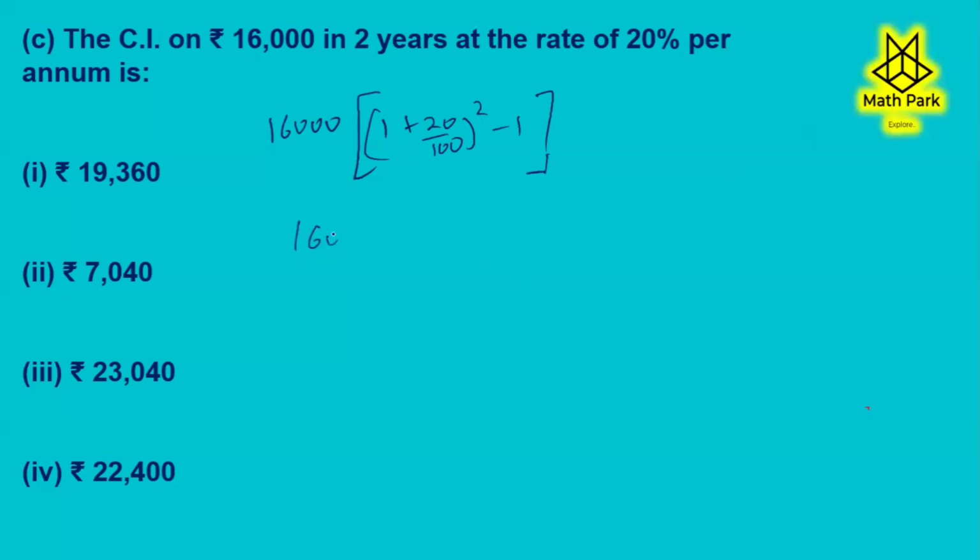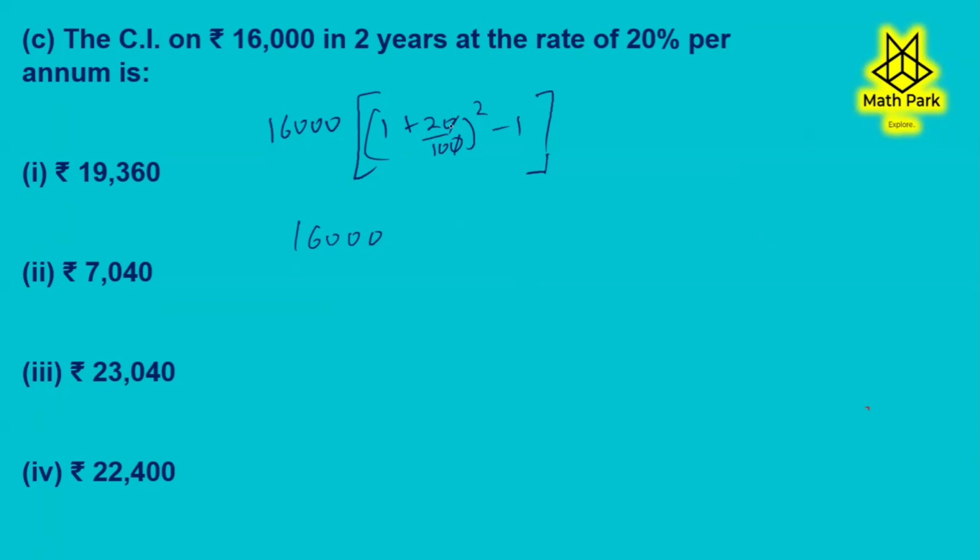So we get 16,000. Simplifying this, you get 20 upon 100 is 1 by 5, but we'll keep it as it is. So 10 plus 2, 12 upon 100.